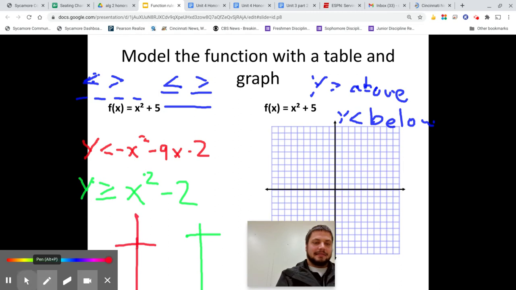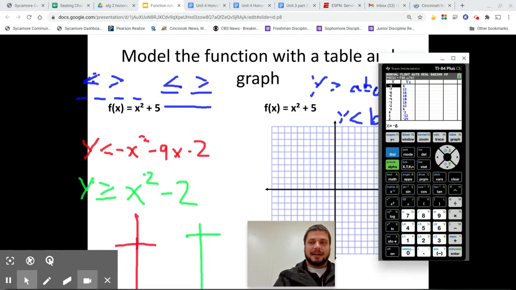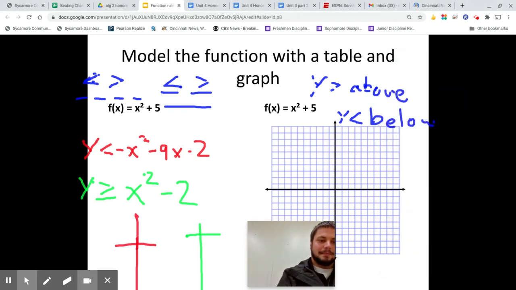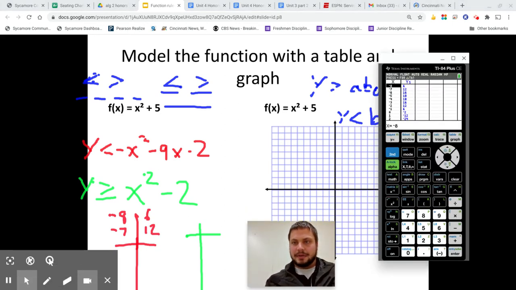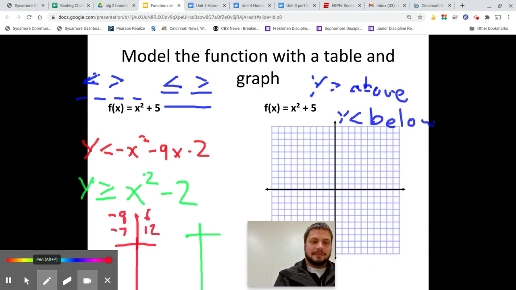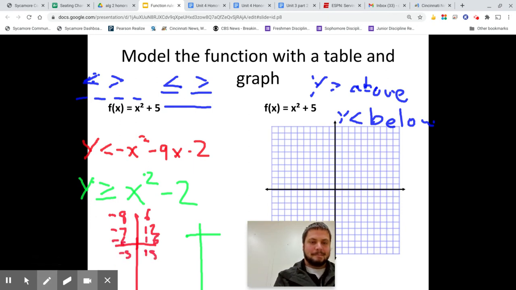What I've got here is -8, 6, -7, 12, then -6, 16, -5, 18, and -4, 18, -3, 16, -2, 12.